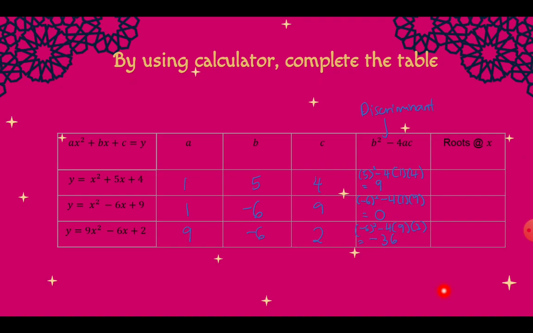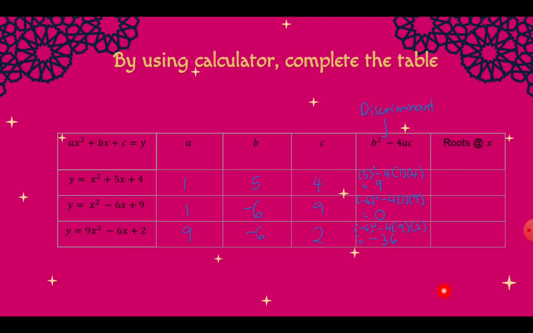From here, we need to find the roots of the equation. When we talk about roots, we are talking about the values of x. So you need to solve the quadratic, based on the three methods: factorization, completing the square, or formula.